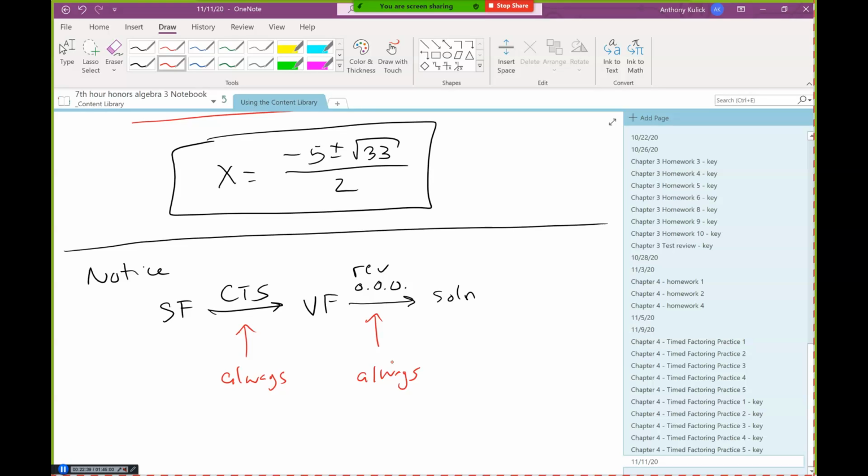So, if I take a general standard form quadratic, I should be able to create a formula to take me straight to the solution by performing completing the square and then the reverse order of operations on just a very general setting. So let's do that.